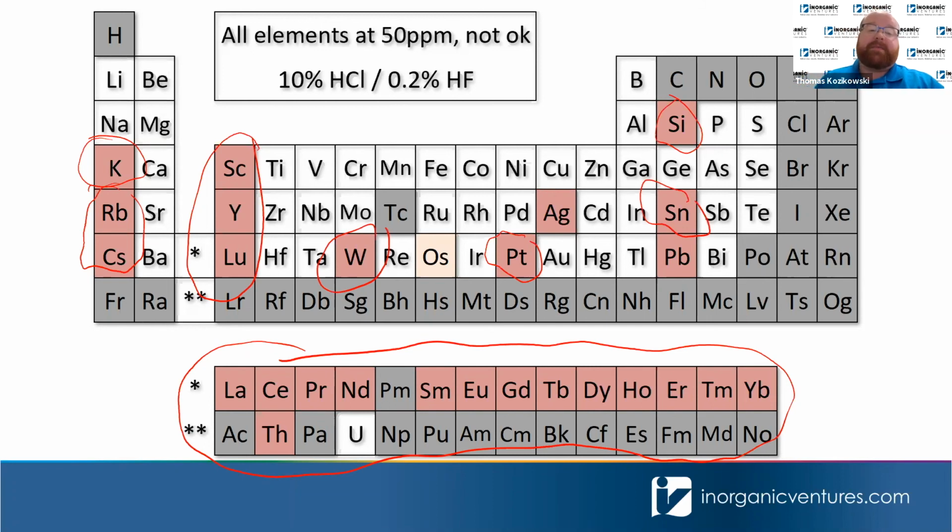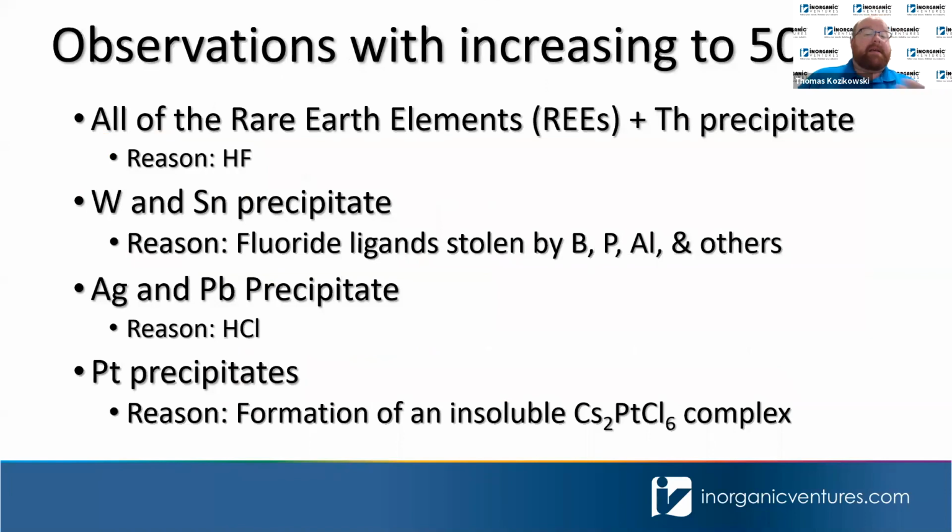They will start to precipitate when they don't have enough HF attached to them. They'll hydrolyze out of solution. And then silver and lead are in here because they don't play well with HCl. Silver will precipitate and become photosensitive, and lead can precipitate as well, depending on your solubility levels. So that's detailed on this slide, so I'm just going to skip over this.